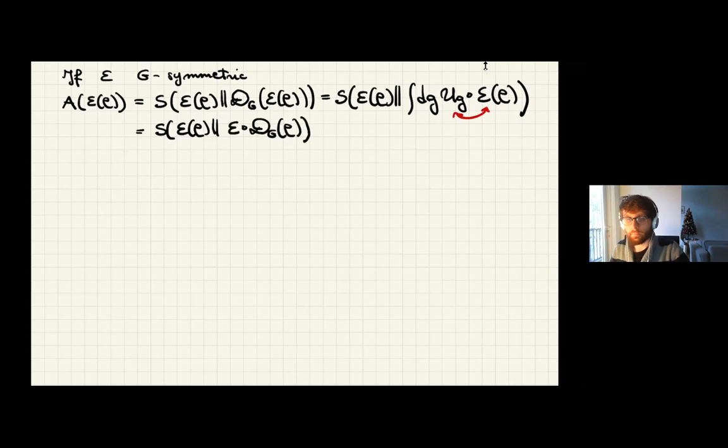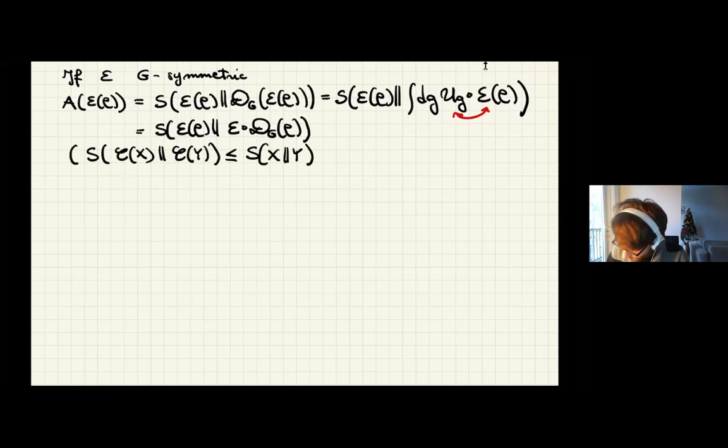This thing. Now we can use a nice property of the relative entropy, which is true in general, which I'm going to write here. If you apply a channel, any channel, on both sides of the relative entropy, this is going to be smaller or equal than the relative entropy at the beginning.